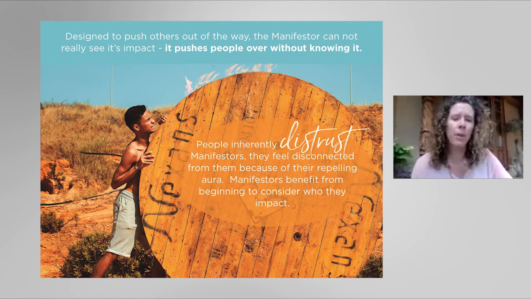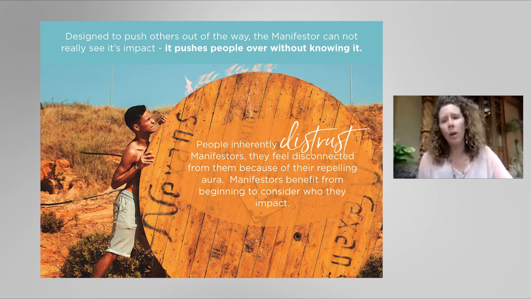And manifestors are here to be this powerful, empowered person moving through their life in the way that they are inspired to move. In their relationships, that can create static, but the difference is informing. So, in a healthy relationship, a manifestor is really letting their partner know all the time, like, hey, I'm going to go do this.